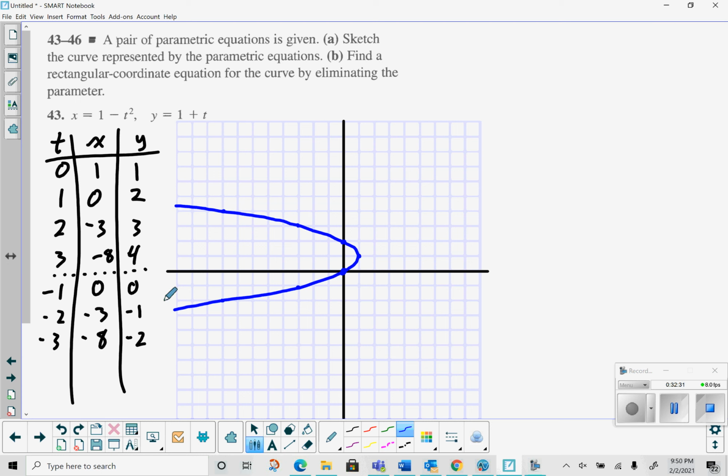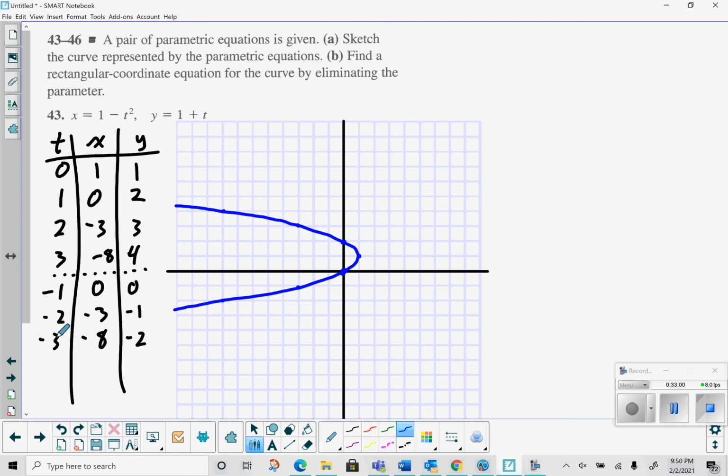Now remember, for a parametric graph, we not only have to calculate, we've got to plot the points, we've got to connect the dots. Again, I'm making it easy on myself, picking nothing but integers there for t. The other component that you need to include is arrows indicating direction.